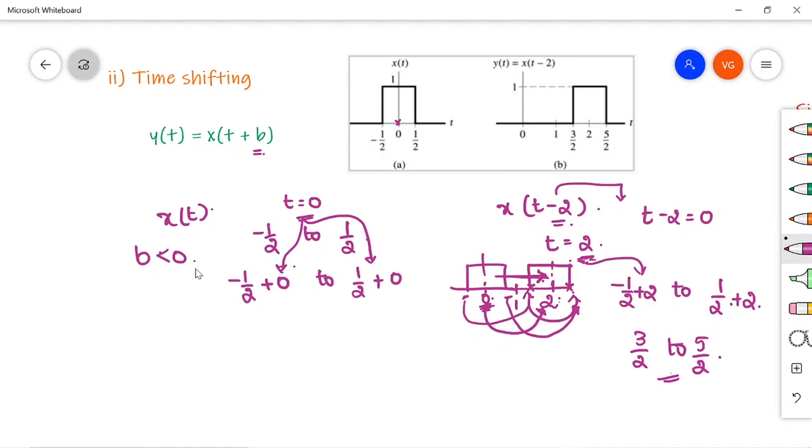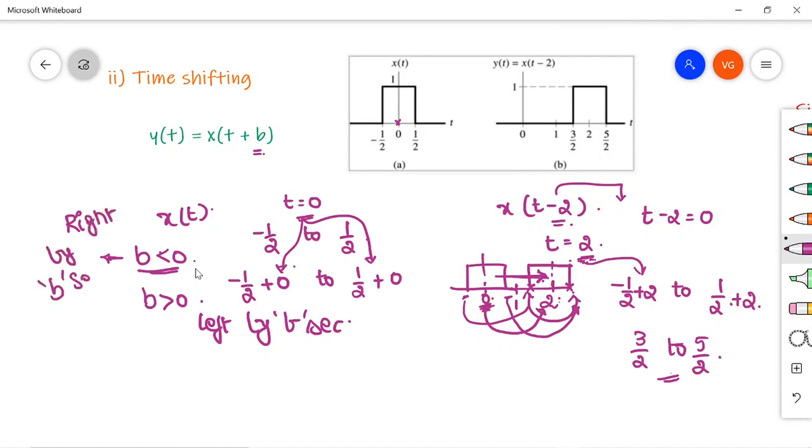If b is greater than 0, the same signal is translated towards left by b seconds, right? So if b is less than 0, then the signal is translated towards right by b seconds. And if b is greater than 0, the same signal is shifted towards left by b seconds.